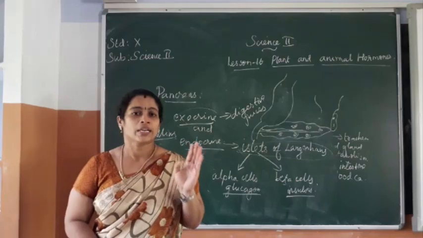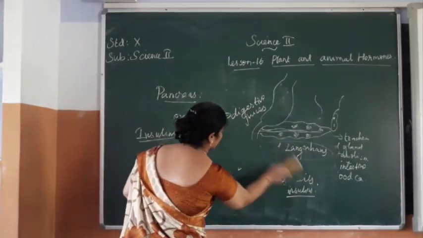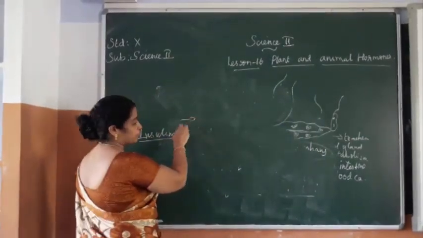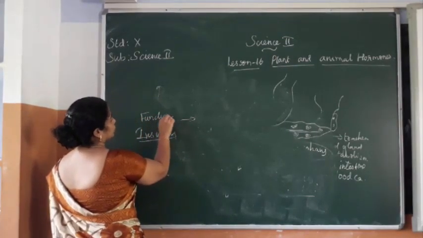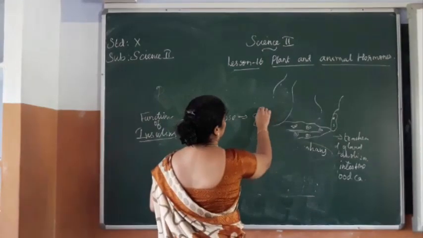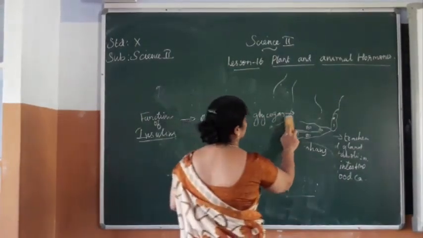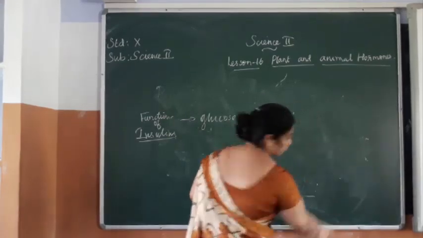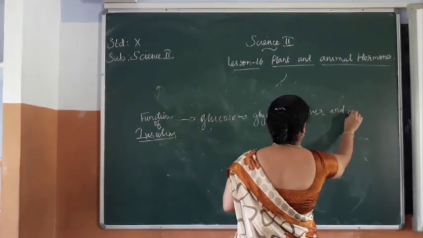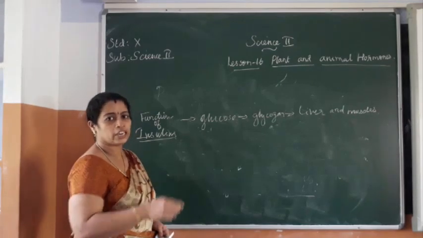The glucose is converted into glycogen and it is stored in our muscle and liver. Where is it stored? Liver and muscles.